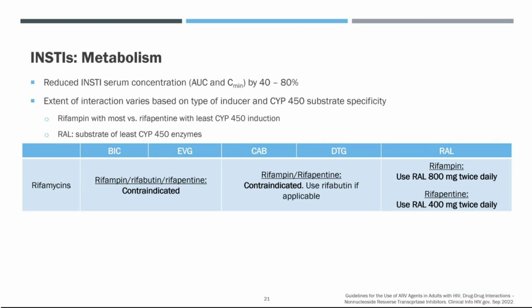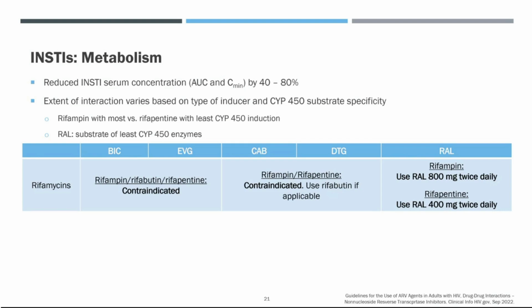INSTIs are also susceptible to drug interactions through metabolism. They can have a reduced INSTI serum concentration by 40 to 80% if their metabolism is altered. The extent of the interaction really varies depending on the type of inducer we're talking about and the CYP450 specificity of the INSTIs.